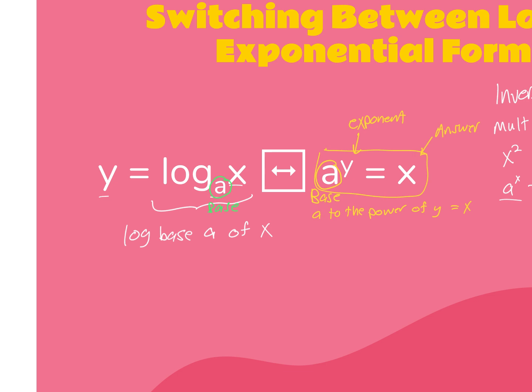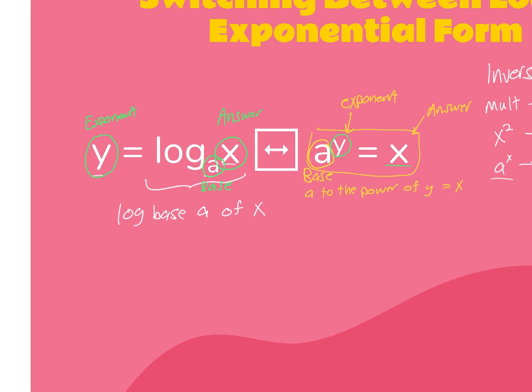And then notice we have this y in the exponent. That's what it equals, so this is our exponent. And then x shows up on the right-hand side as the answer, but in this case, it's on the inside. So I'm going to say that log base a of the answer is y. So you can go back and forth between the two.